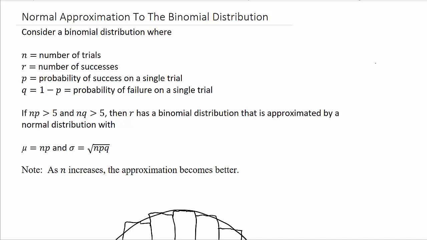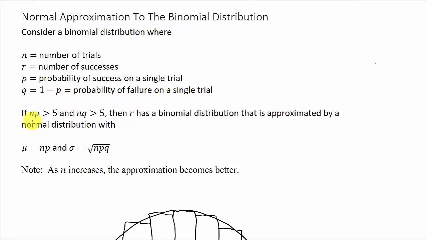Let's consider a binomial distribution where n is the number of trials, r is the number of successes, p is the probability of success on a single trial, and q, which is 1 minus p, is the probability of failure on a single trial.